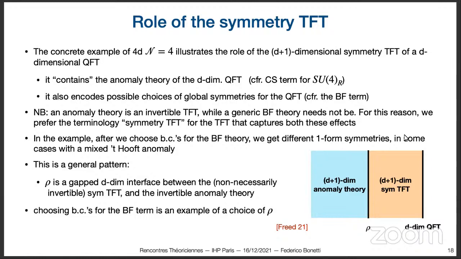So that's a technical property that it should satisfy. And these BF theories, for instance, generically are not invertible. So that's why we prefer to use the terminology symmetry TFT to try to convey the idea that these topological theories know about both phenomena, our beloved 't Hooft anomalies, and also this BF kind of effect about choosing different forms of their global symmetry.